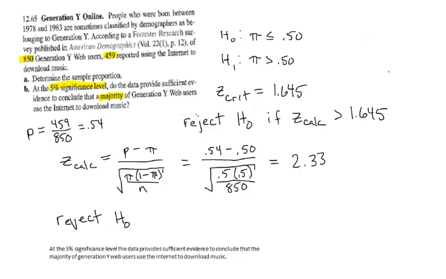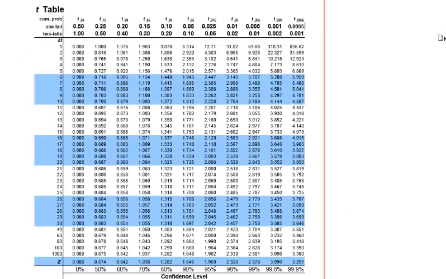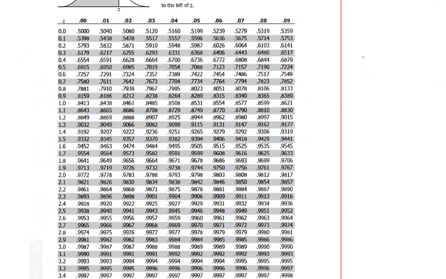And now, if they were to ask us the p-value, remember, because we're using Z, we can look this up. The p-value is equal to, we go to our z-table, and we look up 2.33.